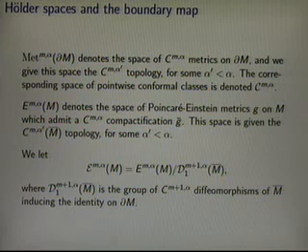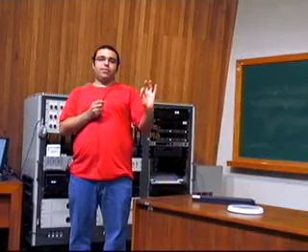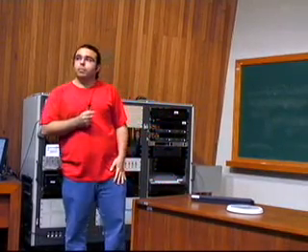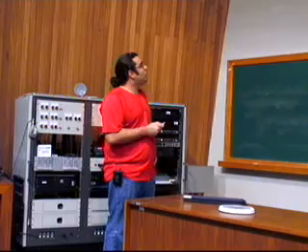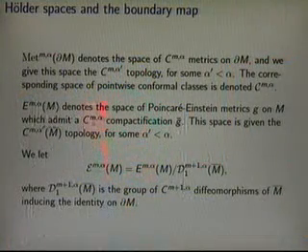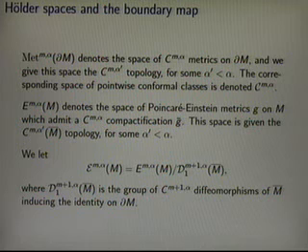This is just so that when you take bounded sequences, they have convergent subsequences. E^{m,alpha} is going to be the space of Poincaré-Einstein metrics such that they have a C^{m,alpha} compactification. Again, I put the C^{m,alpha'} topology for some alpha' less than alpha.